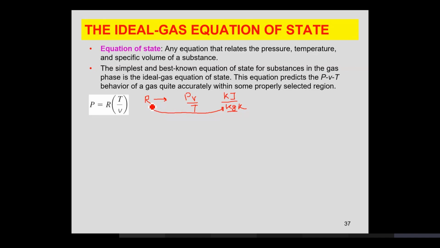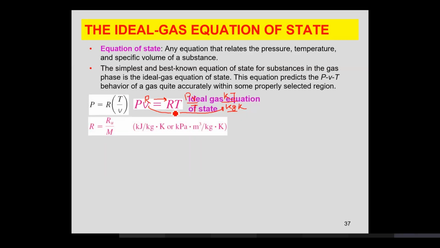However, when you express R in terms of molar value, the relationship is this, where R is equivalent to Ru over molar mass. Ru over molar mass means that molar mass M multiplied by R would give you the value of Ru. The only difference between R and Ru is that Ru is expressed in terms of kilojoules per kilomole per Kelvin.